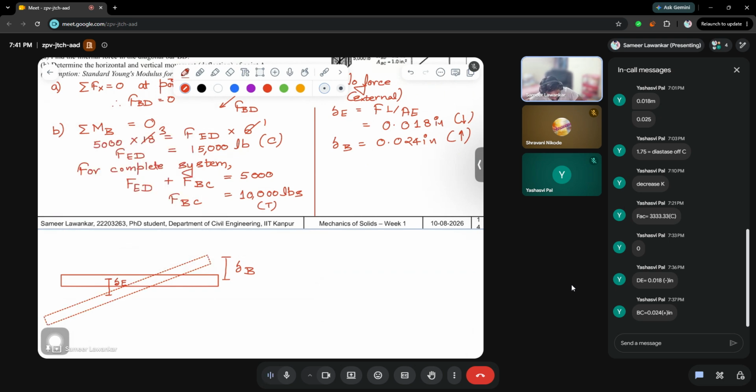Now if delta E is known to us, delta B is known to us, then using the simple equation delta is equal to r theta, we can get theta.